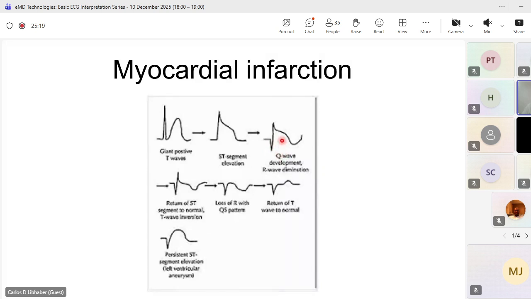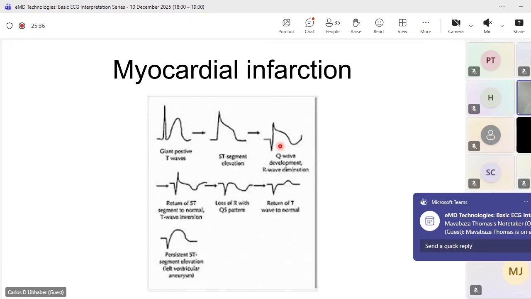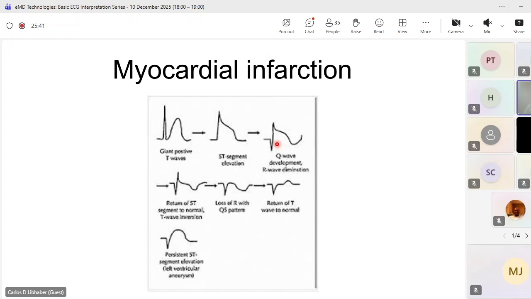A Q wave that is more than one small square wide, or more than 1/3 of the R wave deep, is a pathological Q. So this Q means that it starts having necrosis there.